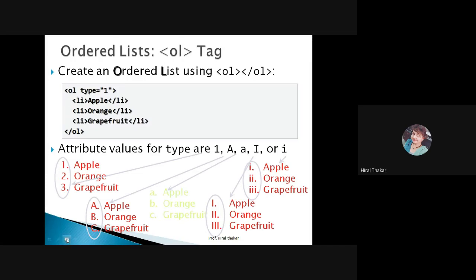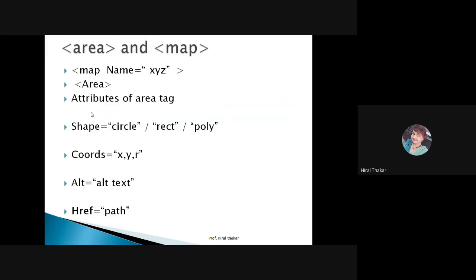Now, very important thing, attribute. Every tag will have some attributes. What is the meaning of attribute? An attribute is a property of that tag. For example, in ordered list, type is an attribute. Whatever we write inside the tag is known as an attribute, that we already know, right?